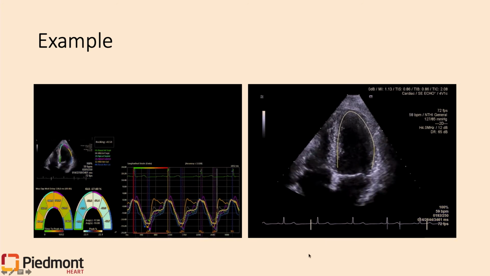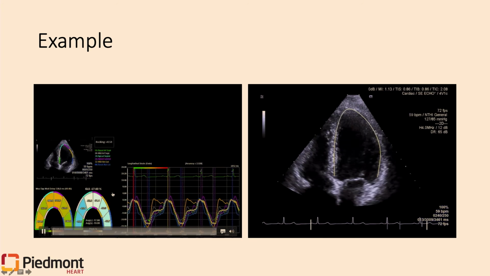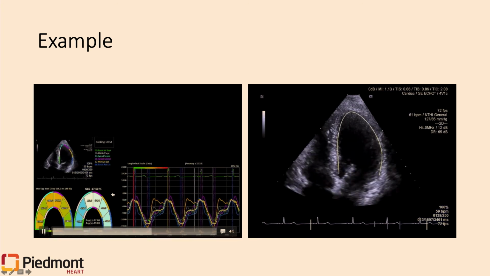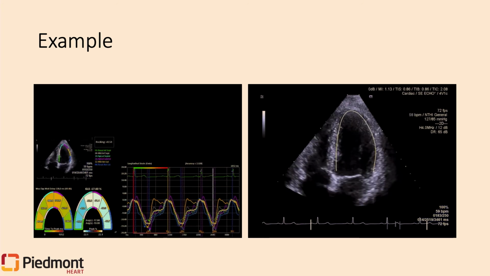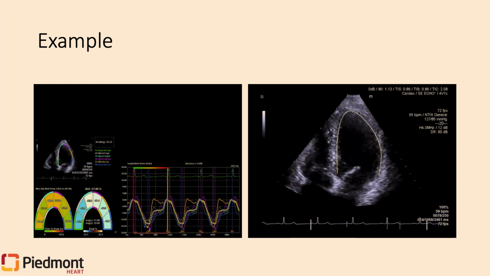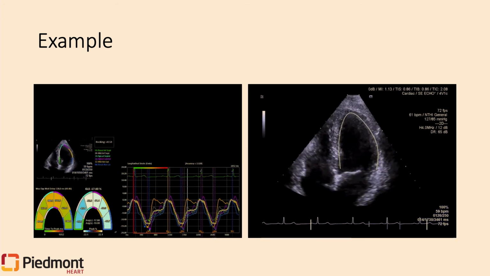Now, some vendors may give you the global longitudinal strain number averaged already in a separate window, and that's great. That makes our jobs easier, and all we have to do is input that number into SINGO or into whatever reporting modality you have.